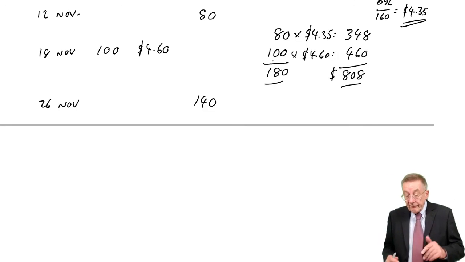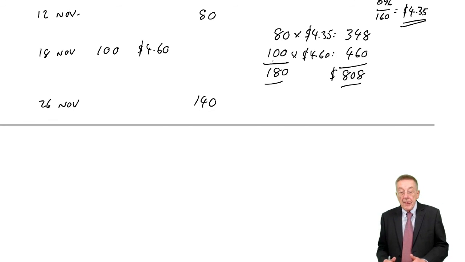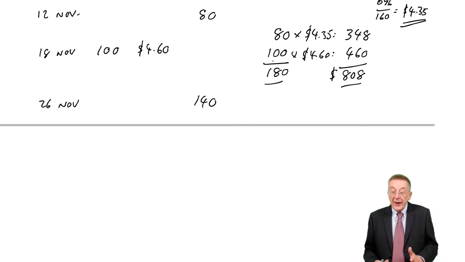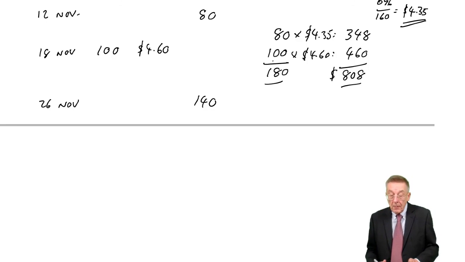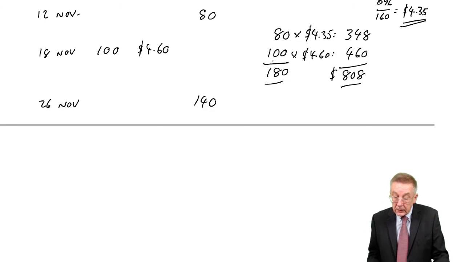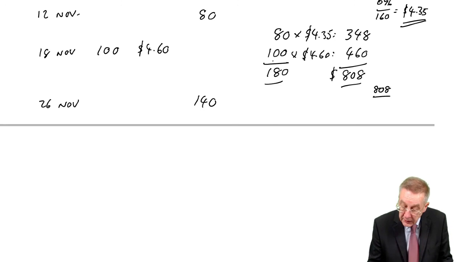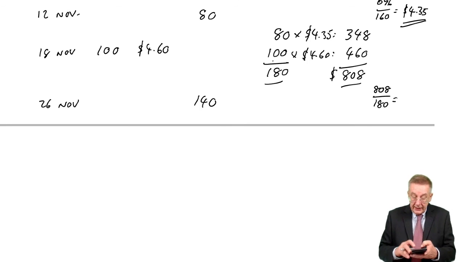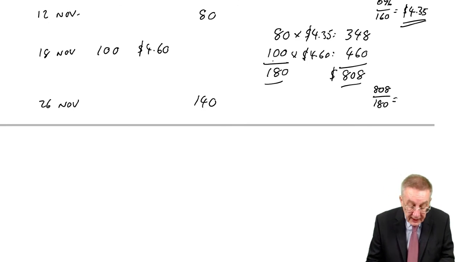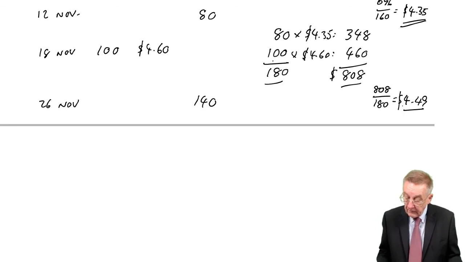But again, we don't try and match them and say, oh, they're old ones or they're new ones. We'll value them at the average cost of the 180 that we had before we issued them. And so what's the average cost now? In total, 808 is the total value of the 180 we have. So 808 divided by 180 is, I'll do it to the nearest cent, $4.49 per unit.